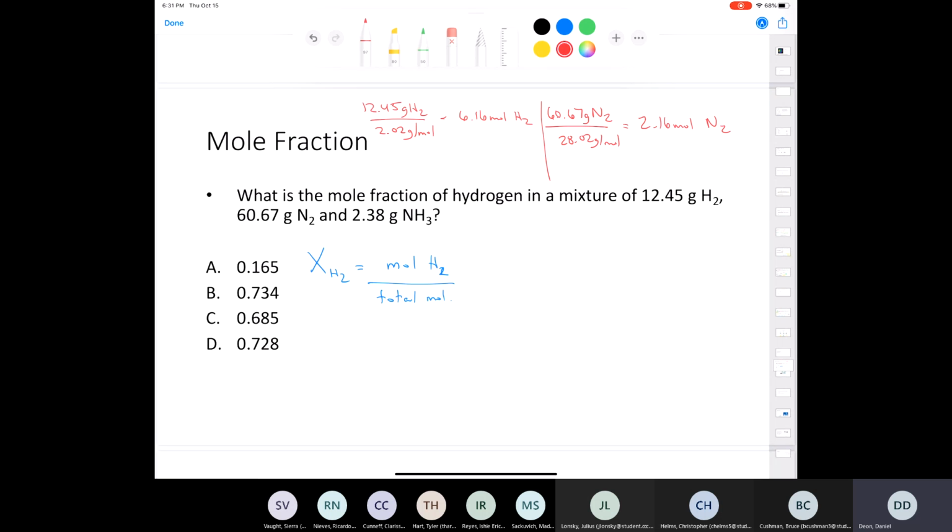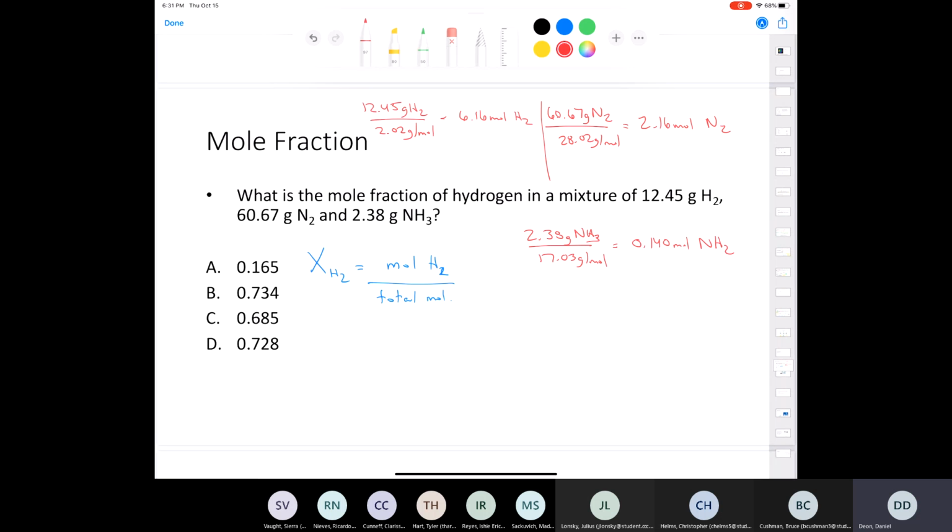Then I guess I'll have to do ammonia down here. We have 2.38 grams of ammonia, and the molar mass of ammonia is 17.03 grams per mole. You divide that, and you end up with 0.140 moles of ammonia.